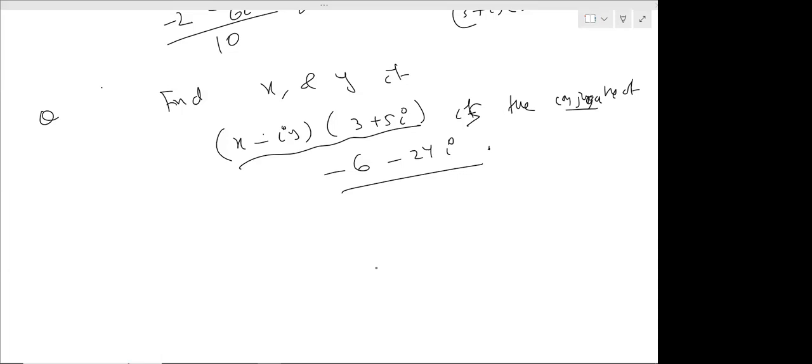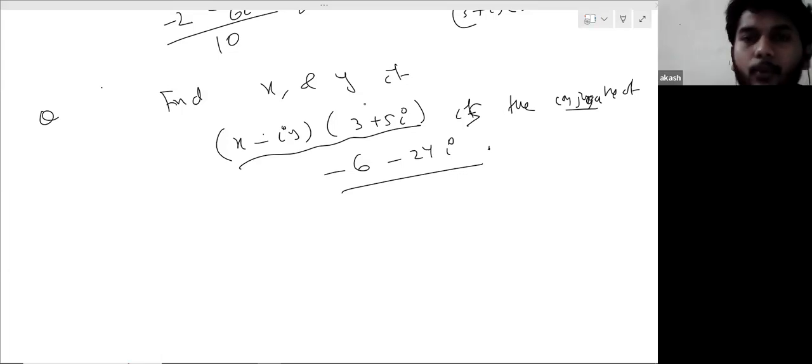So can you explain? See, very simple this question. In class 11, 12, just try to understand the question first. They are saying this is the conjugate of this.